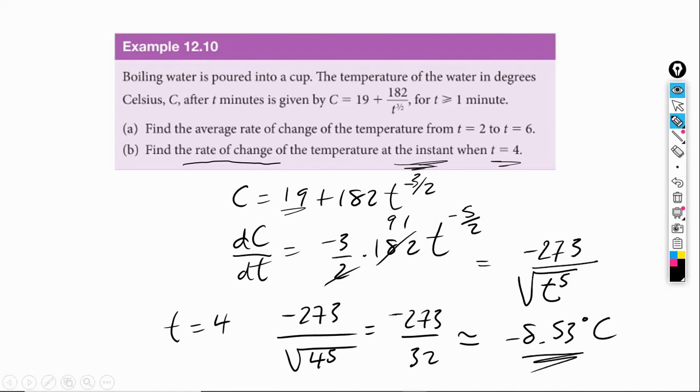So this would be the instantaneous rate of change at t equals 4.